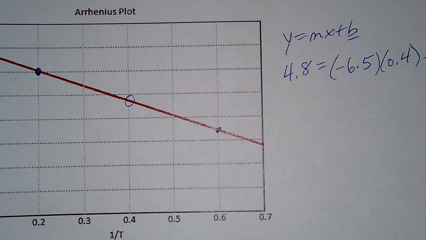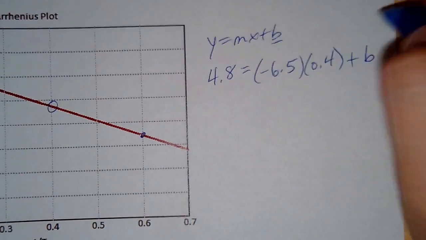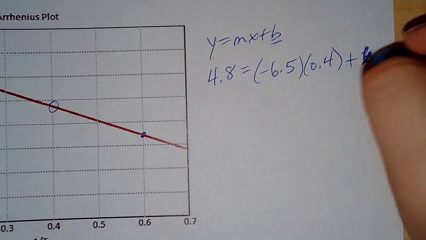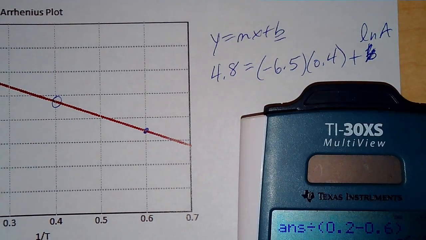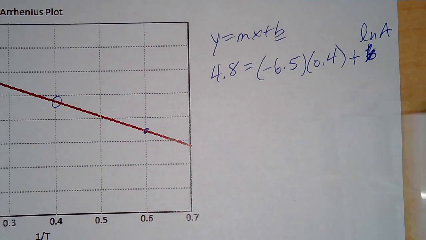And we're trying to find b. Well, let's just write it as ln of a. That'll make it easier for us to remember. Alright, so our 4.8 minus negative 6.5 times 0.4, 7.4 equals ln of a.